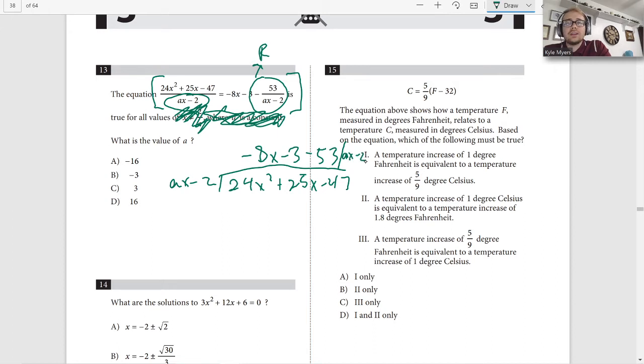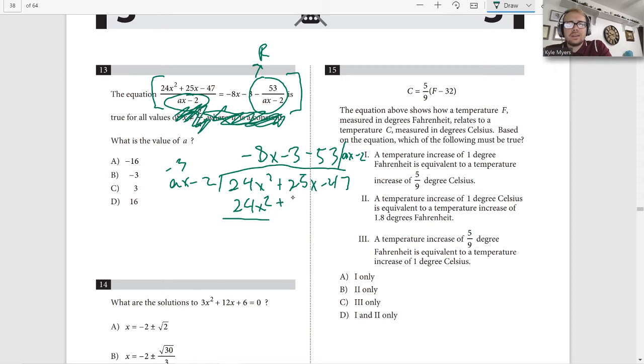So we know the answer is -8x times ax has to be 24x squared. Well, the x squared is already taken care of. So -8 times something equals positive 24. Well, that means it'd have to be -3 to get positive 24. Right?